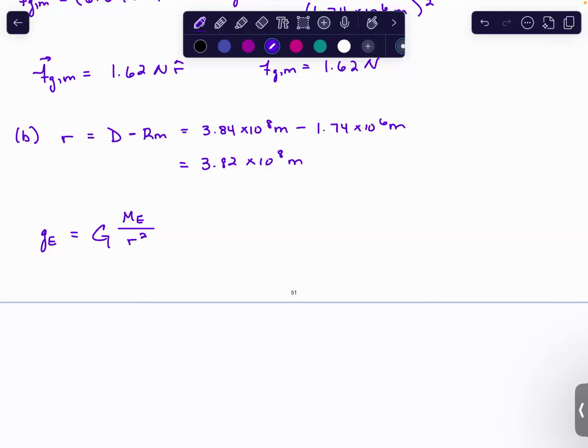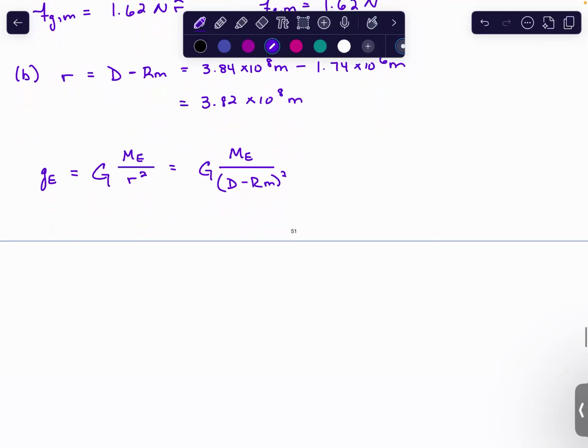So that r we just calculated, you could abridge this to say G mass of the Earth over the distance between Earth and the moon minus the radius of the moon squared. So you could do that, but we already have that number, so we'll just plug it in.